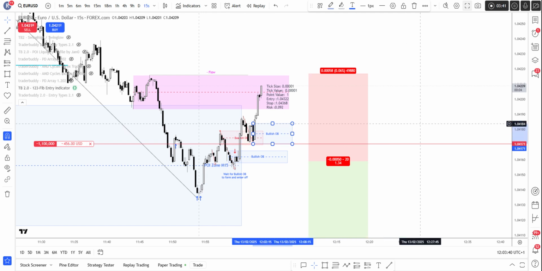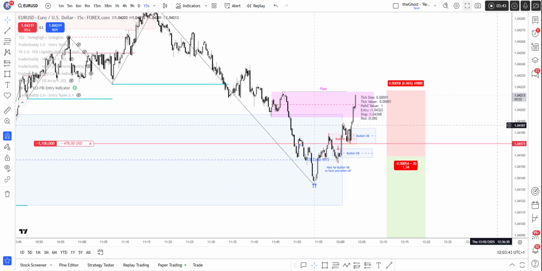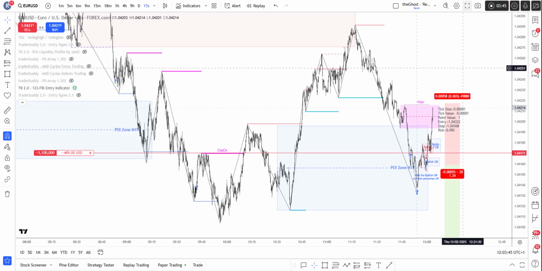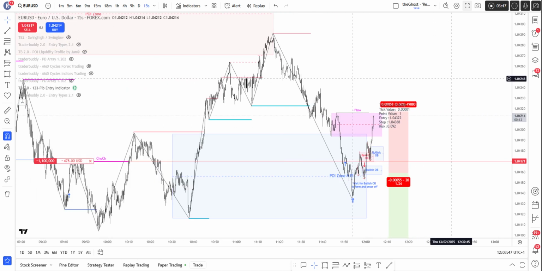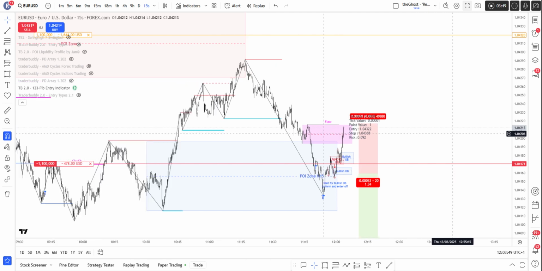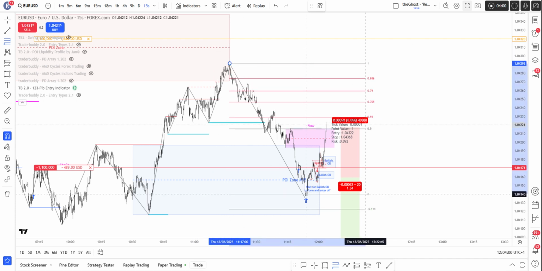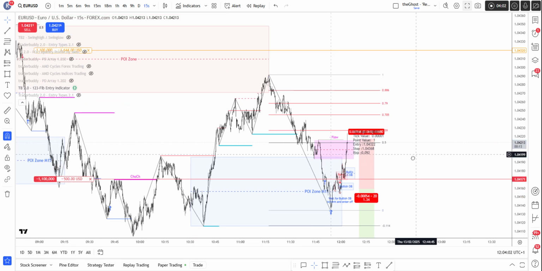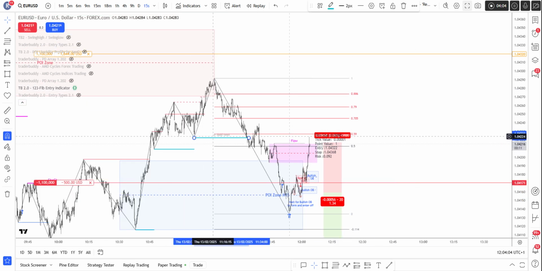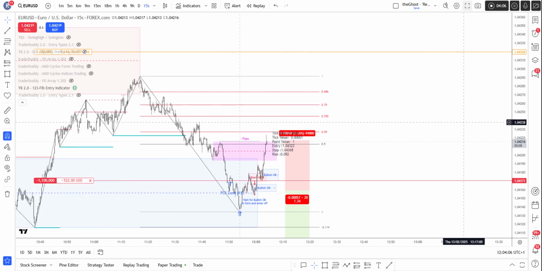So this is a bullish order block also. Okay, well, we are about to go very high, but never mind, because we had a, where's my fib? Here. Okay, this was a choke.